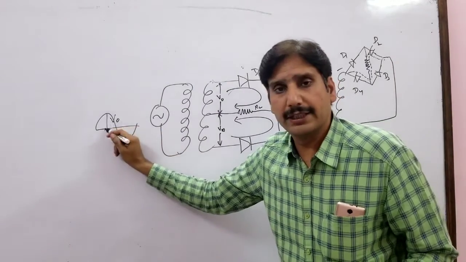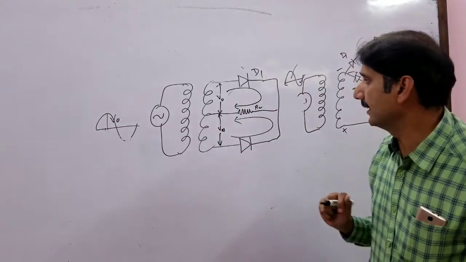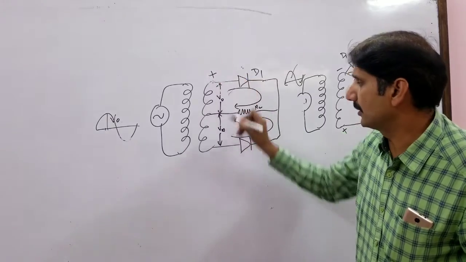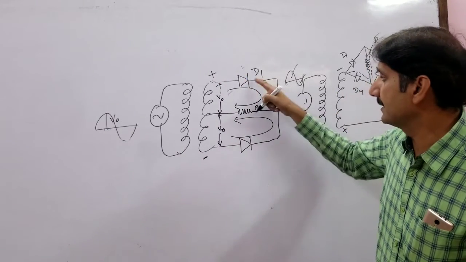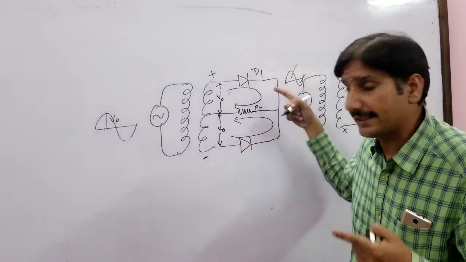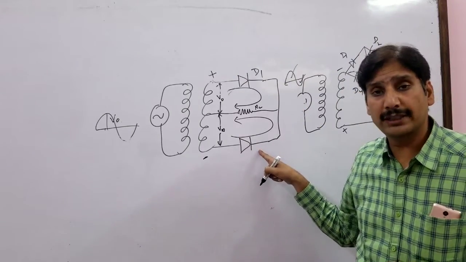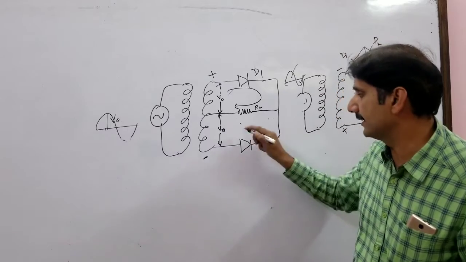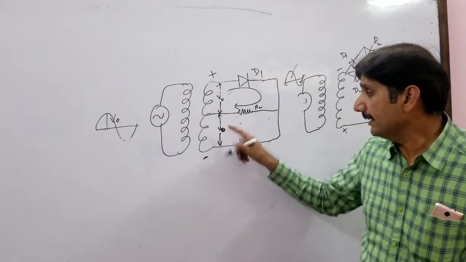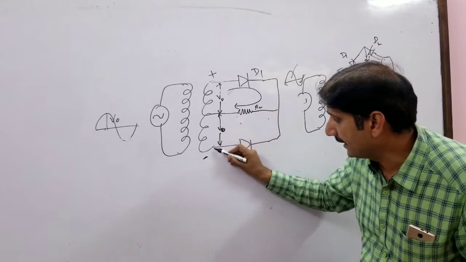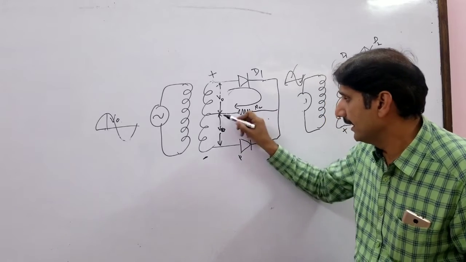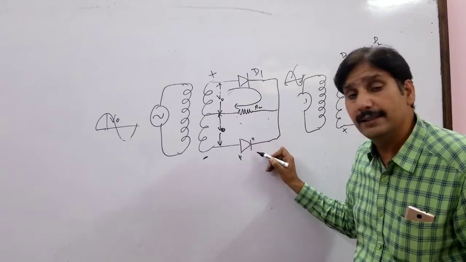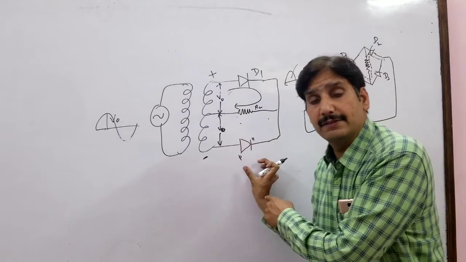If this is V0 over here, the peak voltage of the input AC signal, then let's say this end is positive, this end is negative. This means that diode D1 is in conducting state, D2 is in non-conducting state. So what is happening? There is no current in this loop. That V0 voltage, the negative is being provided to the P side and positive is being provided to the N side. So this V0 voltage is reverse biasing it.